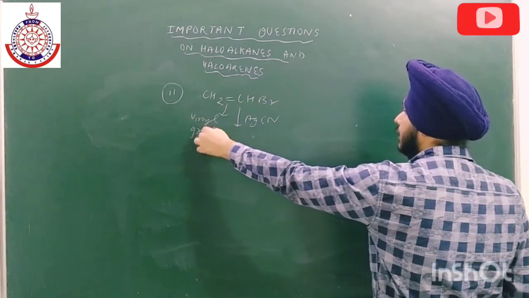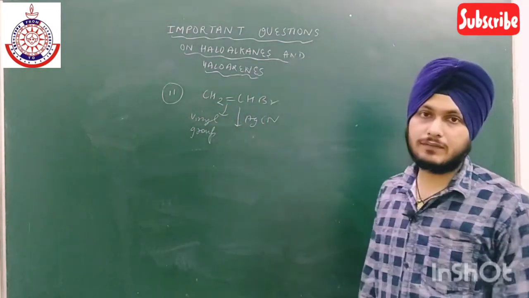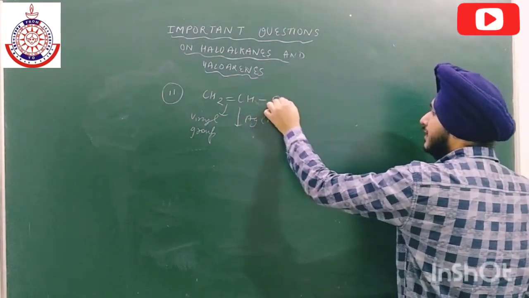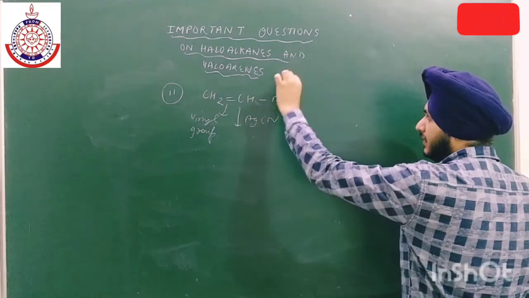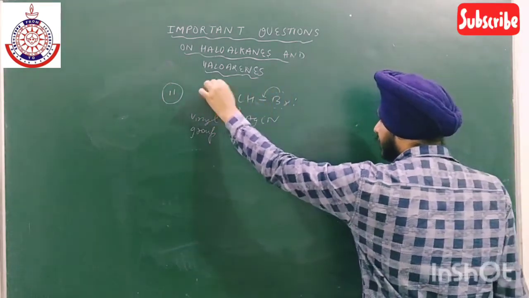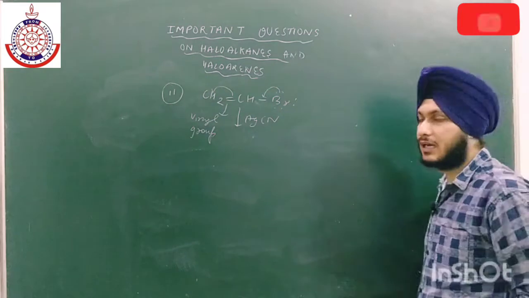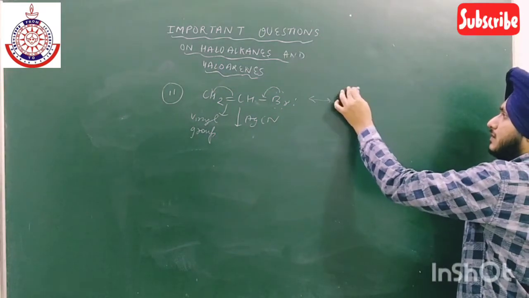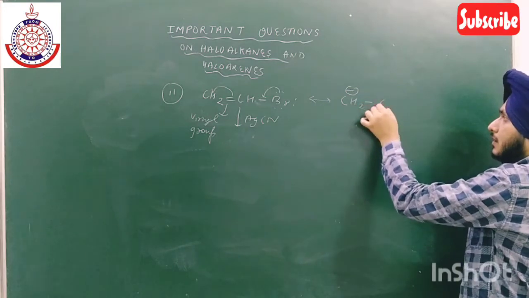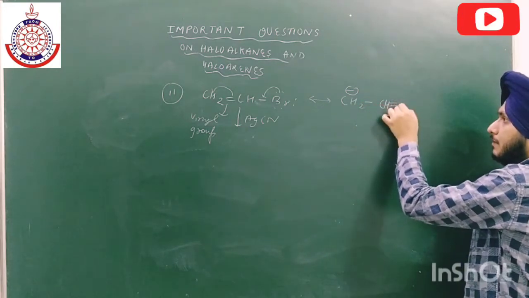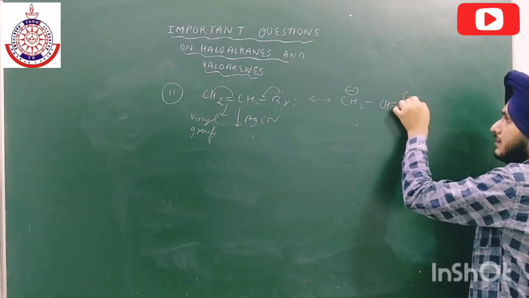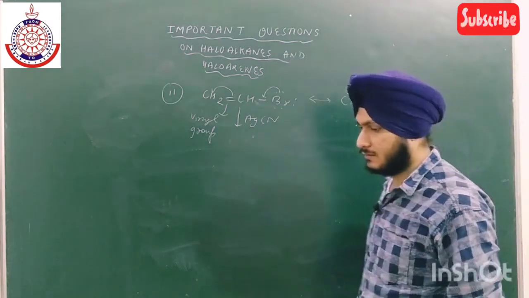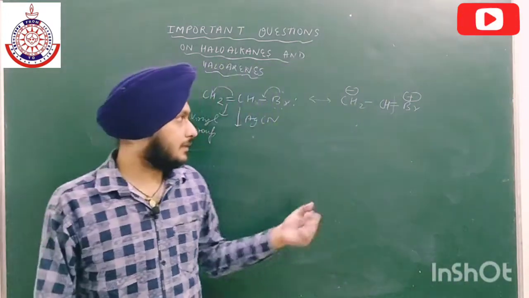This will not give the nucleophilic substitution reaction because of resonance. Here we have 3 lone pairs. Resonance will take place, and we get double bond character like this: positive charge, negative charge over here, and the negative charge comes on Br, and here we get this double bond, and it is not possible to break this bond.